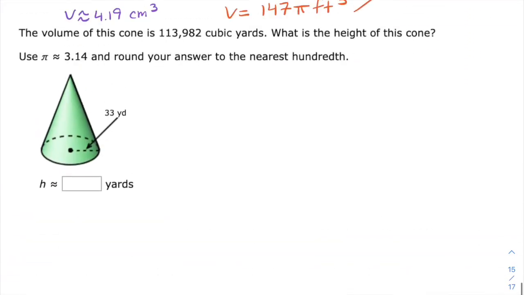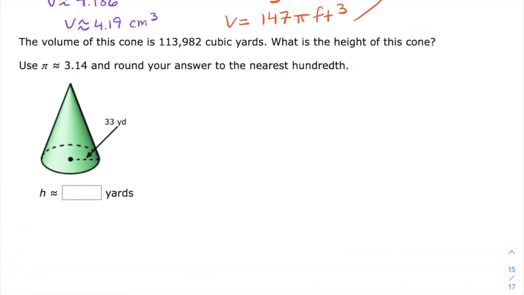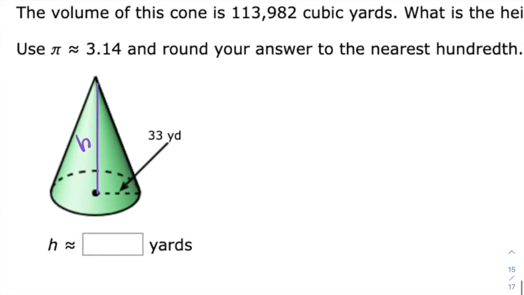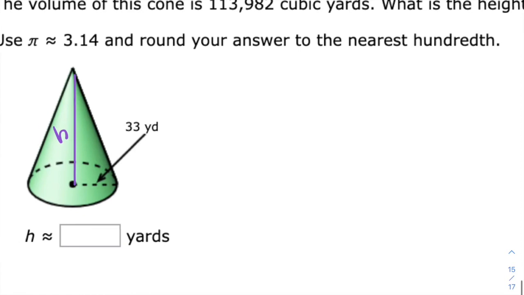Okay, so this is a working backwards one. We want to find out what our height is, and we don't know what our height is. But we definitely know what our volume is, which is great, and we know what our radius is.